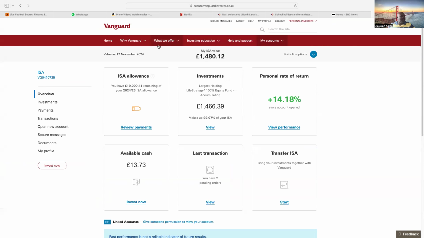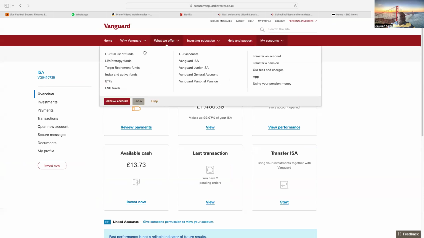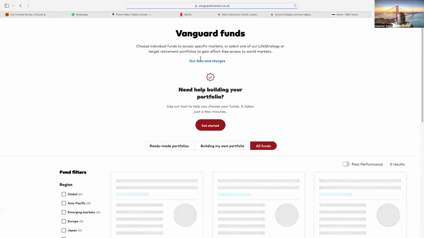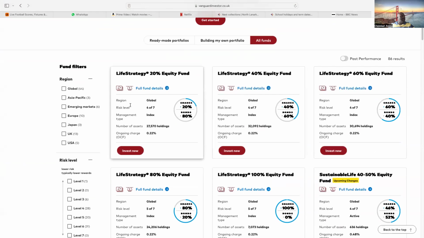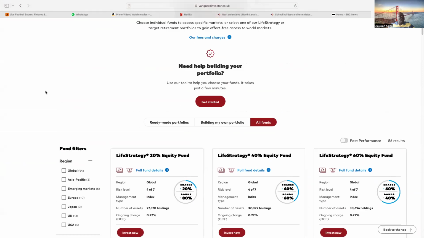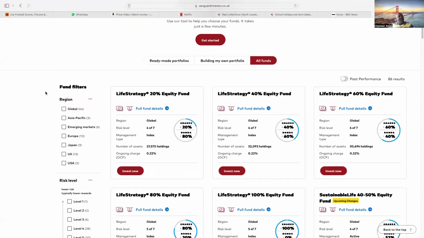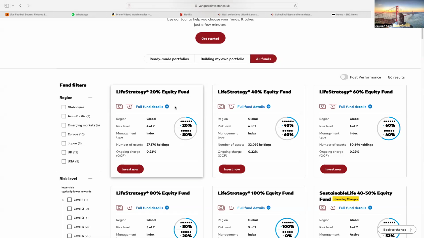But before then, let me quickly show you all the different funds that are available for you to invest in on Vanguard. So we've got the Life Strategy funds, and that is split between equity and bonds.